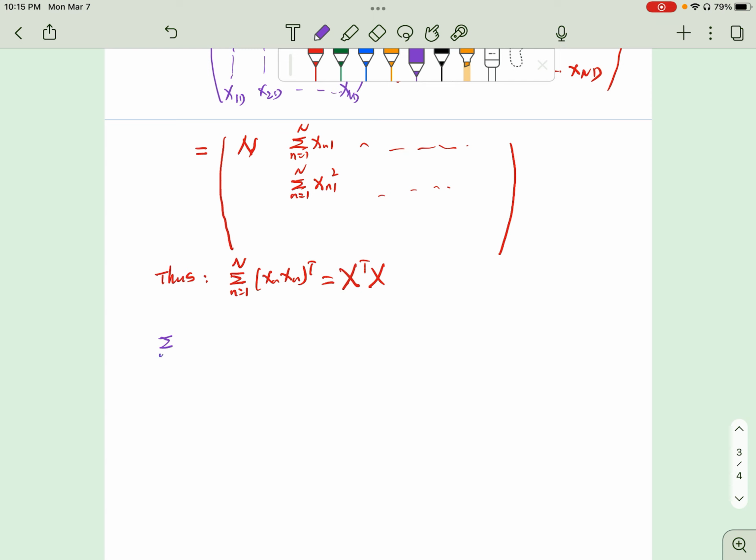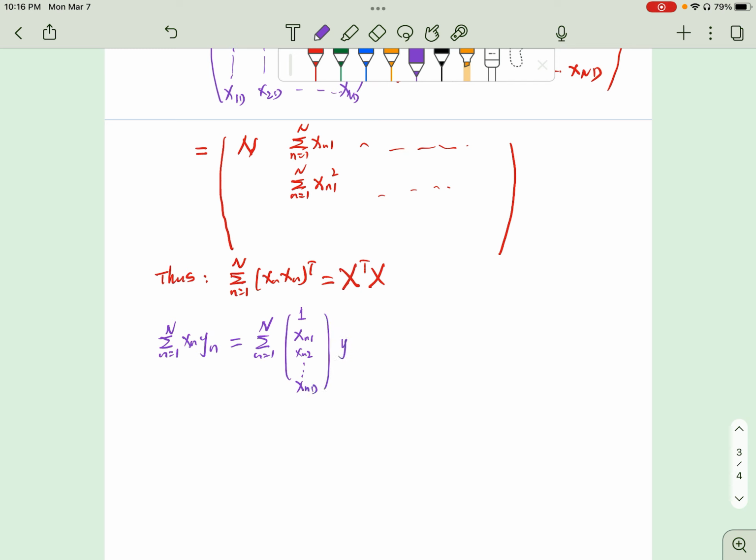So here, okay, now I write this summation. So also we expand the xn. So xn, the first entry is 1, the second entry is xn1, because this is the n-th sample, xn2 and xnd.